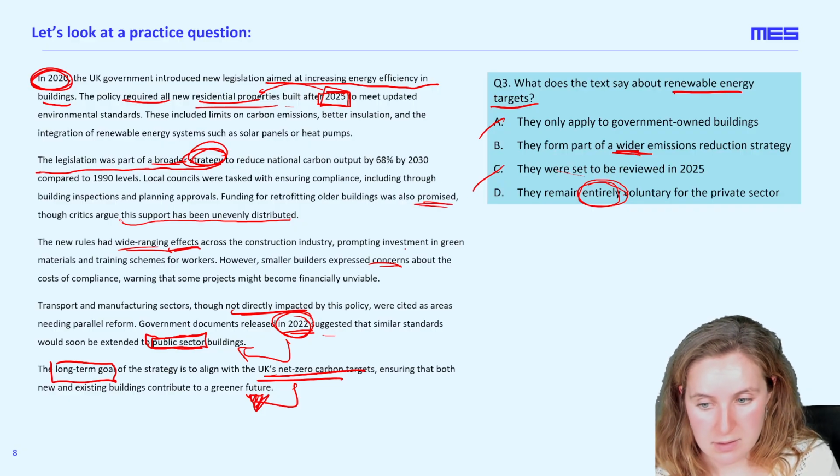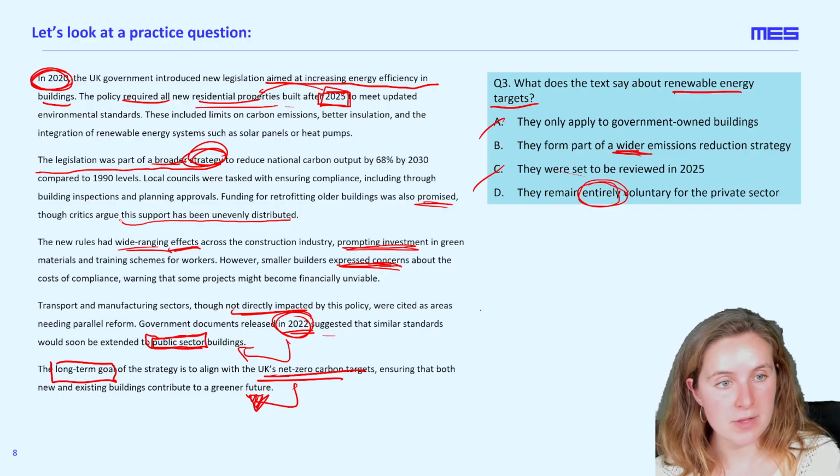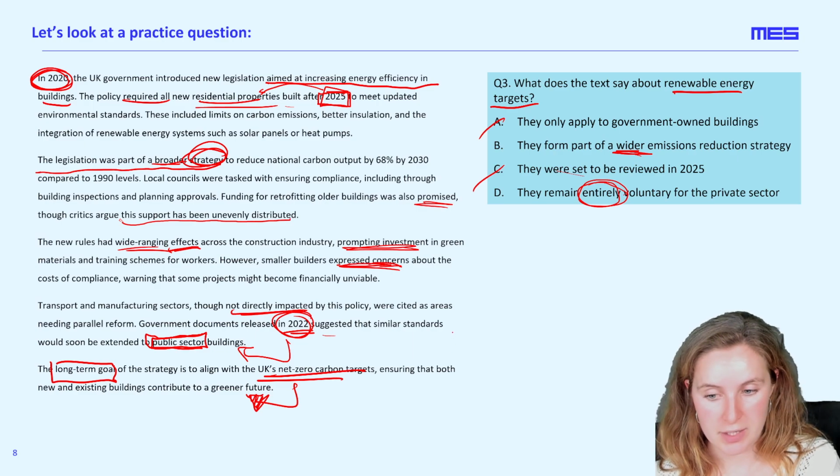We know that people are trying to prompt investment, but also that people are expressing concerns. And we can't see anything that suggests that this policy requires the companies to be entirely voluntary.